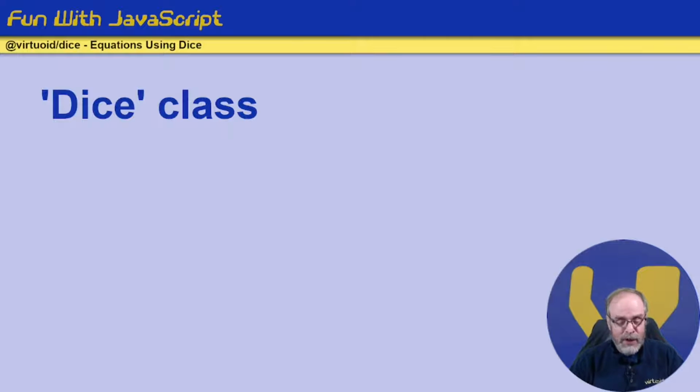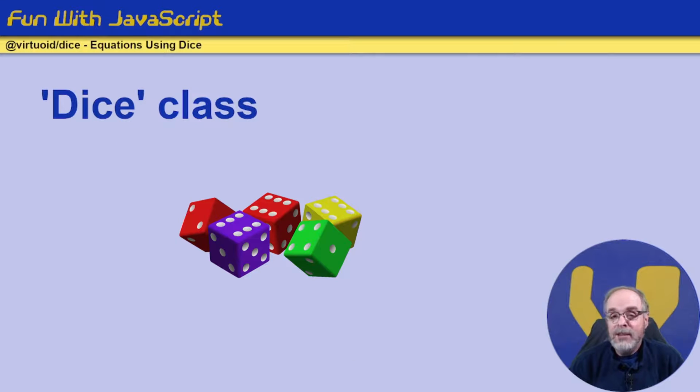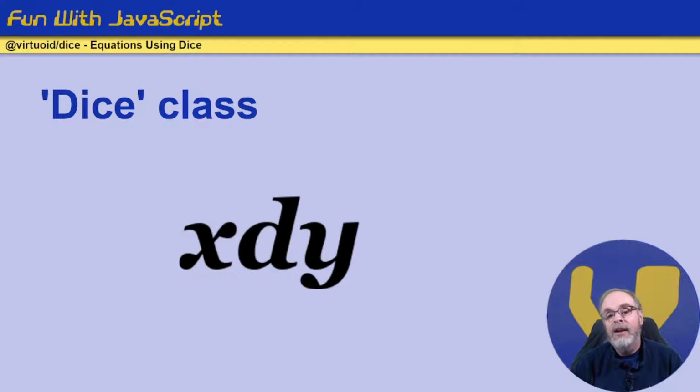Before I left on vacation this past summer, I was thinking back to my old Dungeons and Dragons days, and one of the very first computer programs I ever wrote was a dice rolling program. Within D&D, the dice rolling nomenclature usually is an equation like x d y, where x is the number of dice, d is dice, meaning you're rolling dice, and y is the sides of the dice.